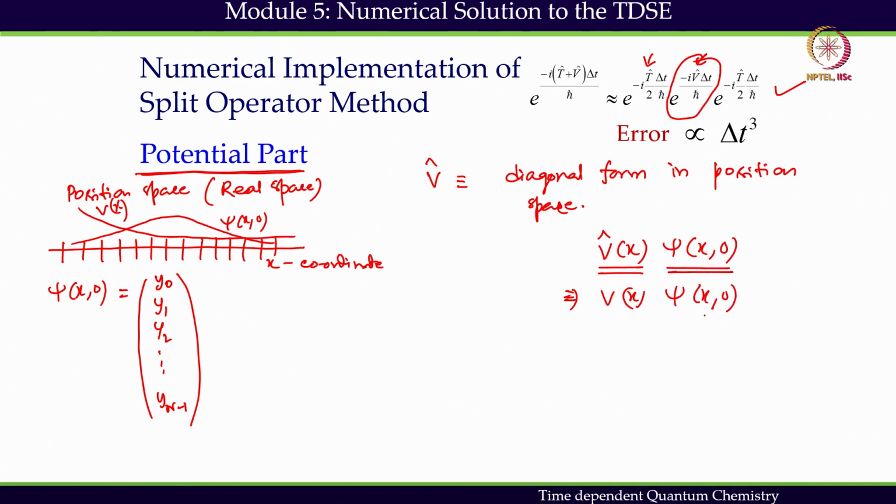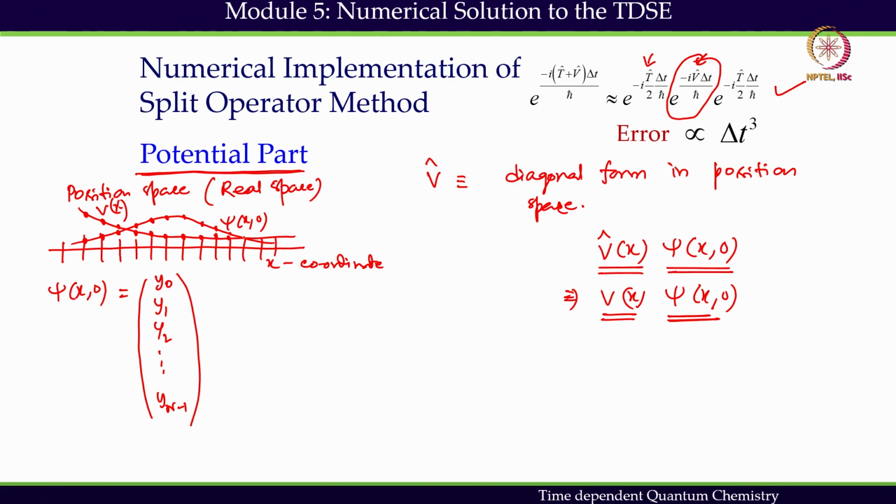If I multiply this wave function by this potential function, it is nothing but multiplying individual points on the grid. We have discretized potential values at individual grid points, and the values of those individual functions can be multiplied.